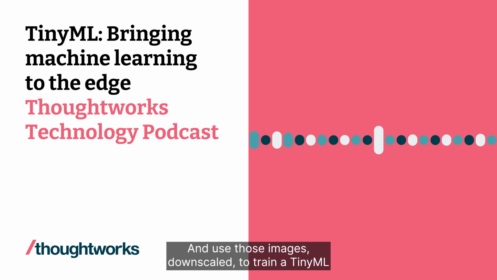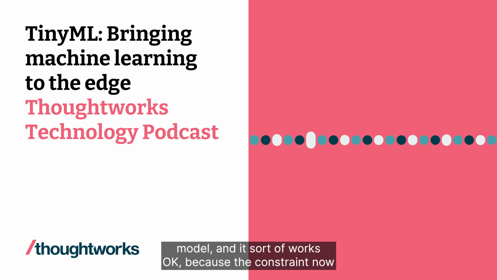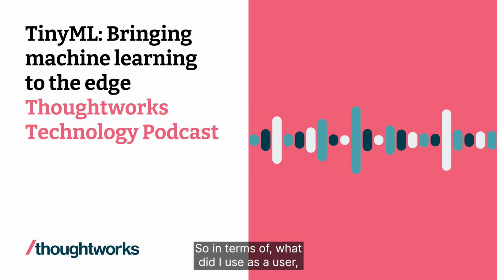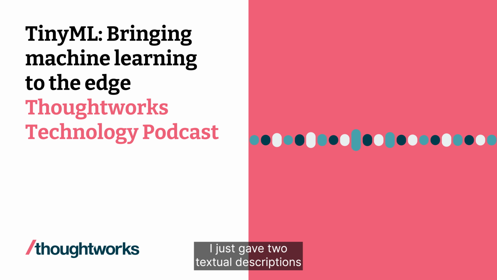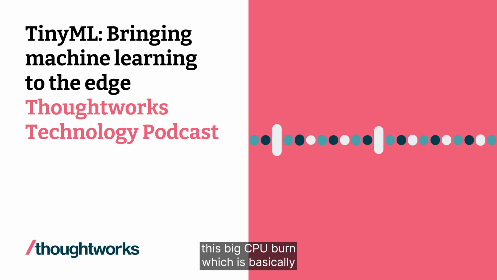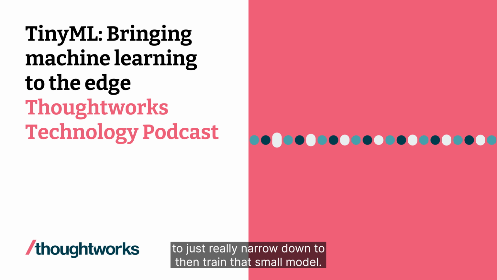I used those images downscaled to train a TinyML model, and it works okay because the constraint of what we're trying to decide is quite small. So in terms of what I did as a user, I just gave two textual descriptions of what I wanted the thing to do. And then behind the scenes, there's this big CPU burn, which is basically materializing information from this large model to narrow down and then train that small model.